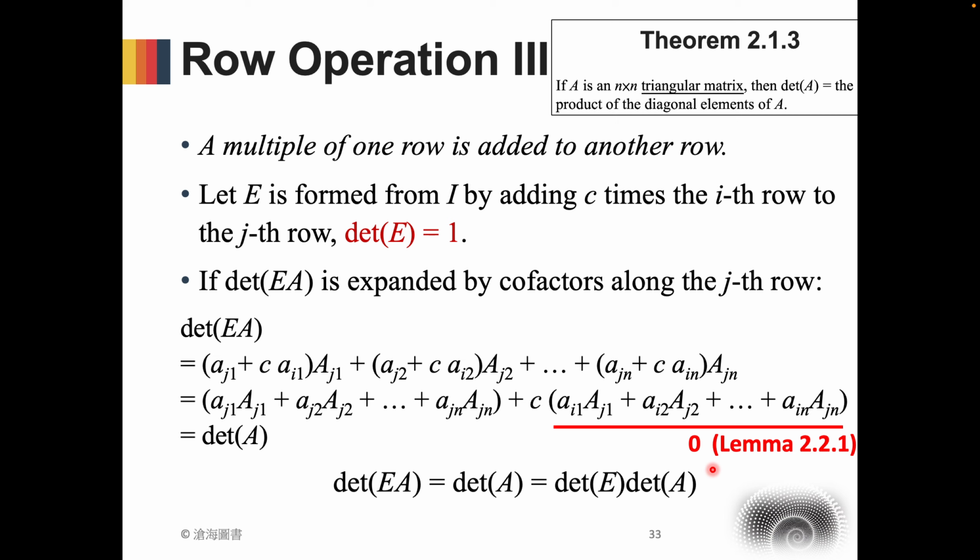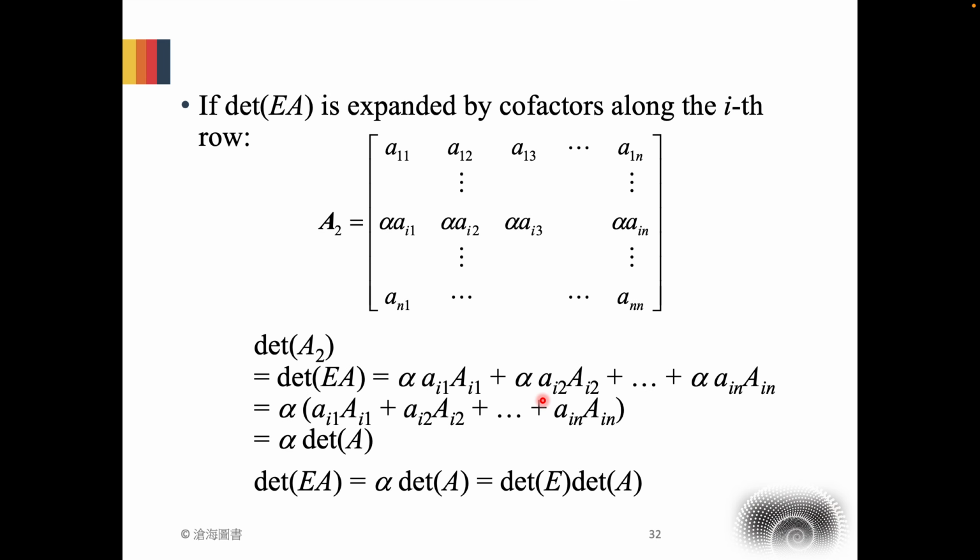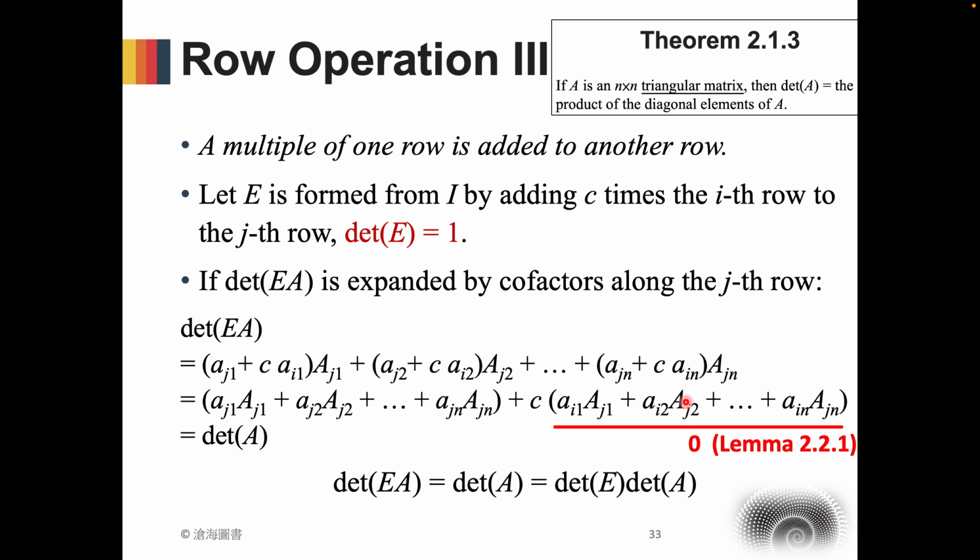Right. And according to Lemma 2.2.1, remember that if we multiply the entry with the incorrect cofactor, the result will be equal to 0. So the second part will be equal to 0.